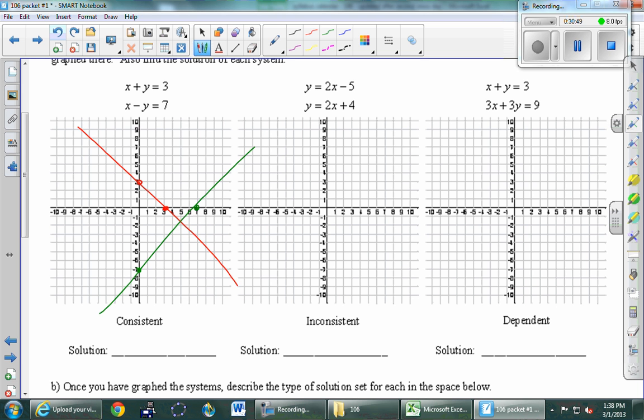And we connect the dots. Okay, and again, how many solutions do we have here? Just one. One solution.